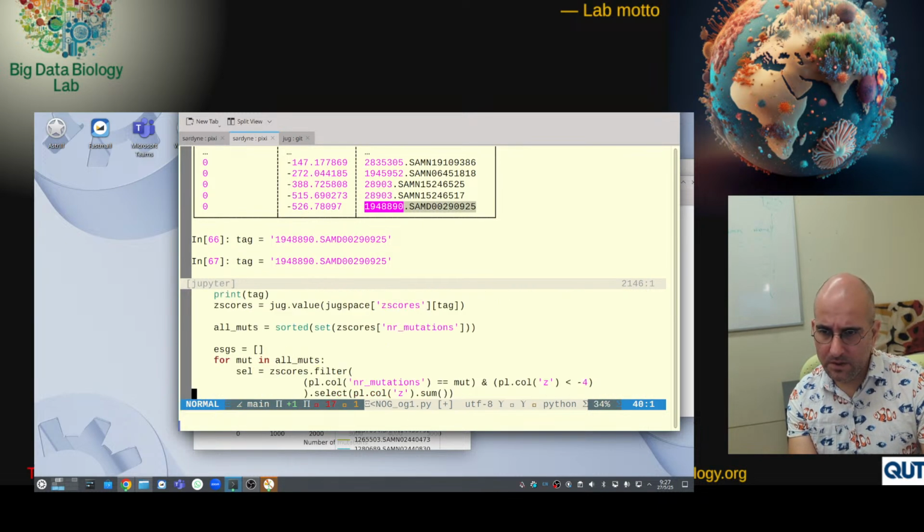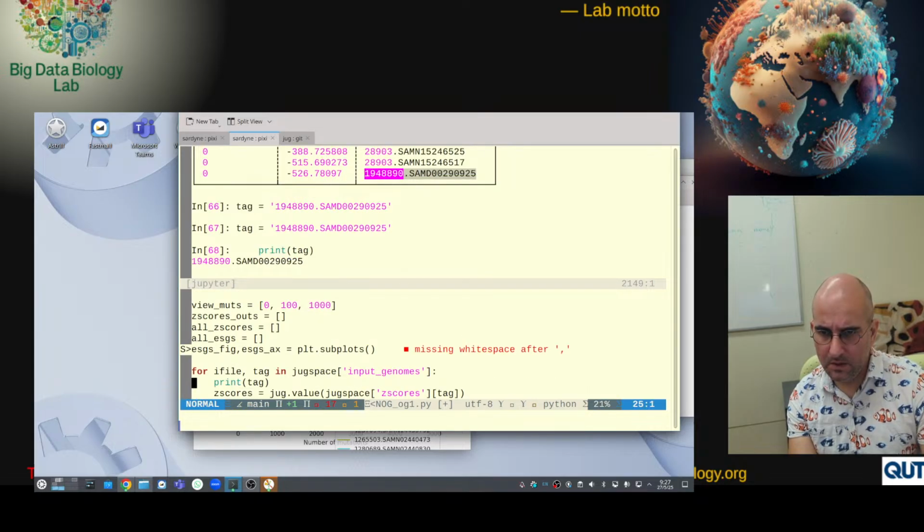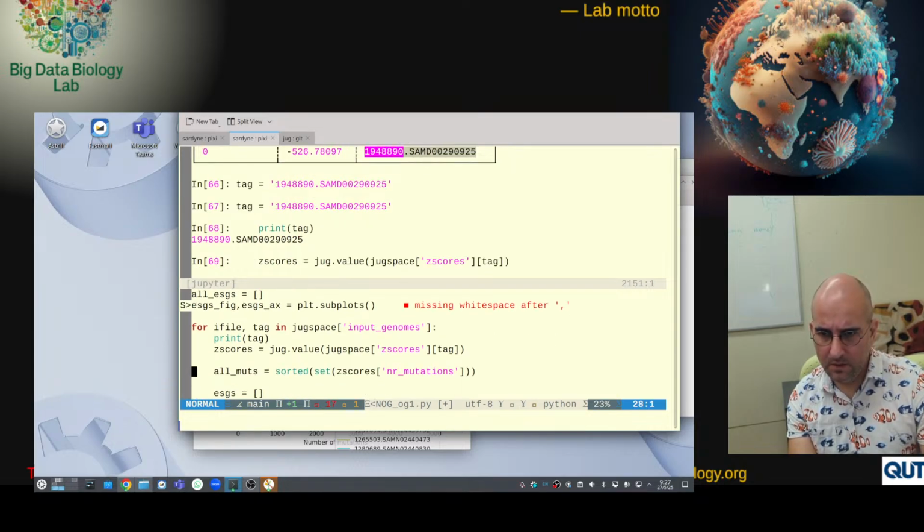Right, so we pick this organism. Let's just see this.